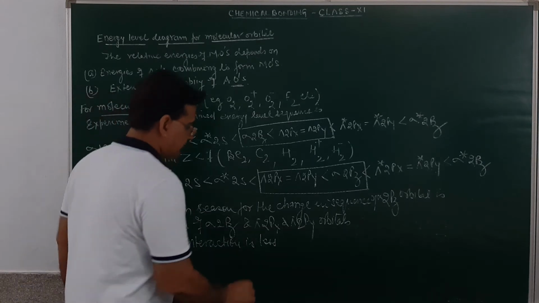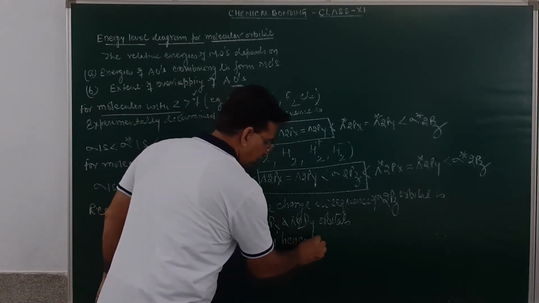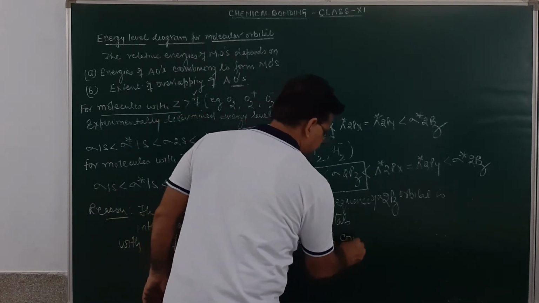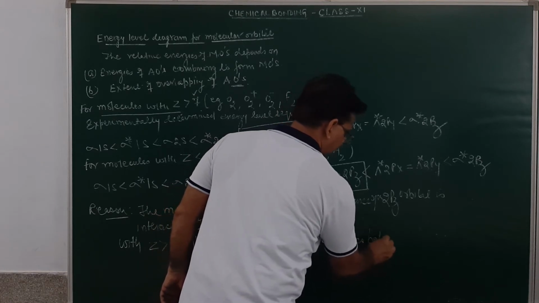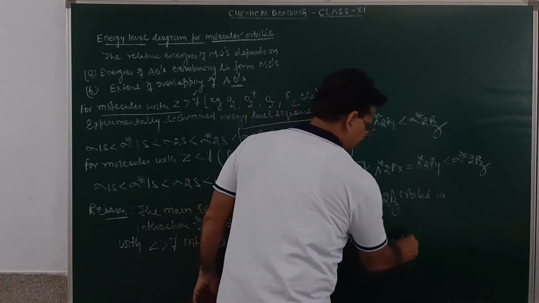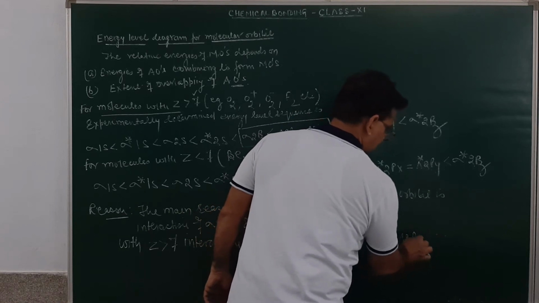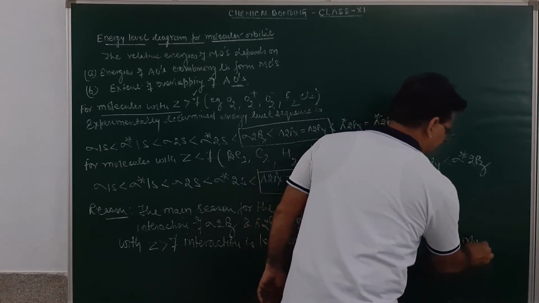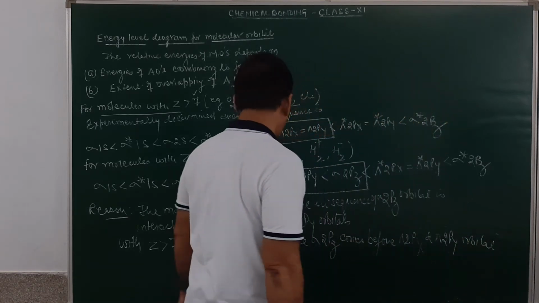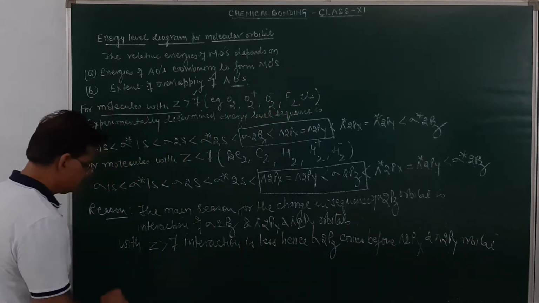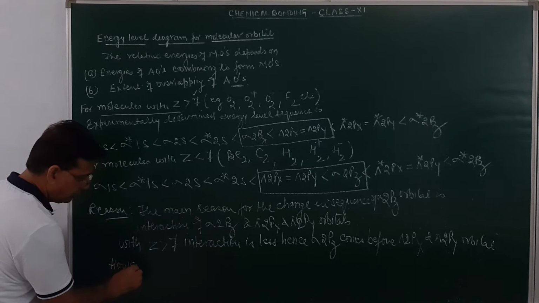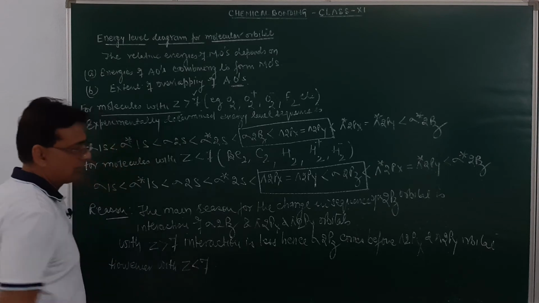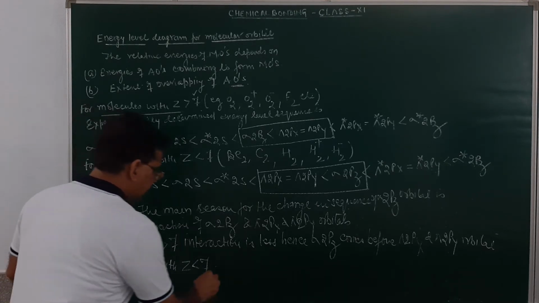Hence sigma 2pz comes before pi 2px and pi 2py orbitals. However, with Z less than 7, interaction is more.